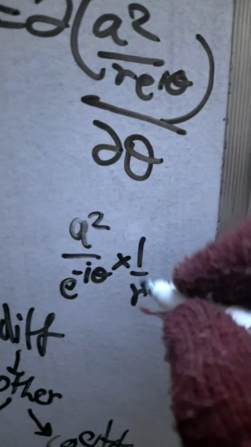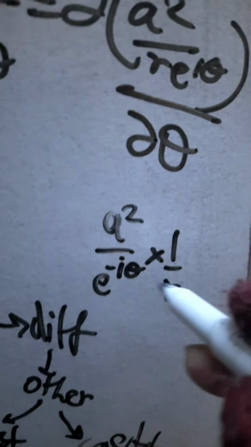So this is 1 by r, nothing is there in the numerator means 1 is there, and the denominator r and e raised to i theta were multiplied, so we separated them by multiplication.